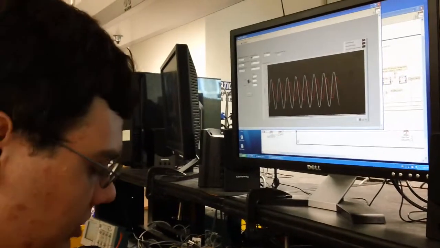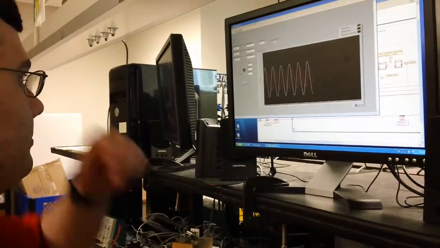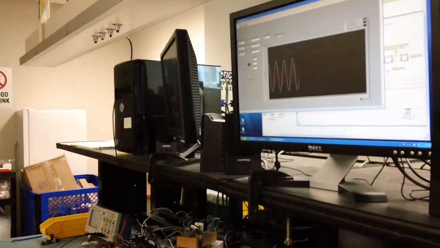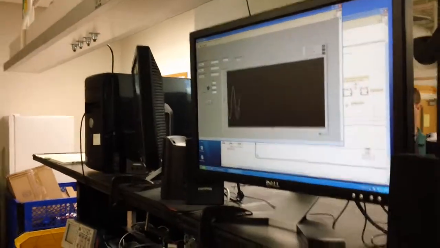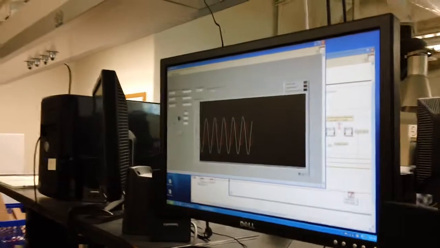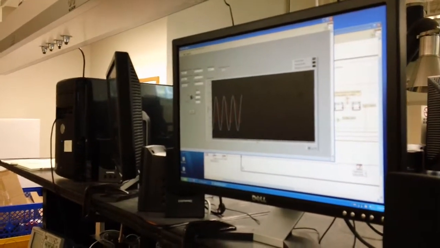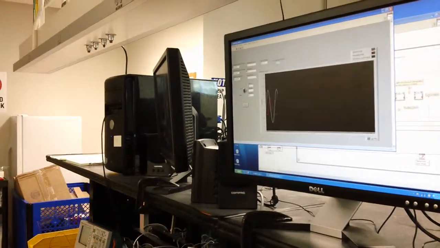Let's set it to an arbitrarily large number like 50 or so. As you can see, there's no real change in the sine wave. But let's see what happens when we do the integral gain this time. And it didn't go flat this time.